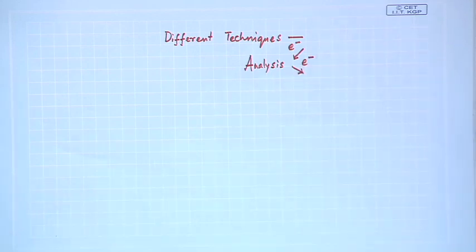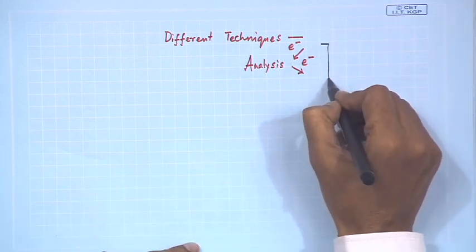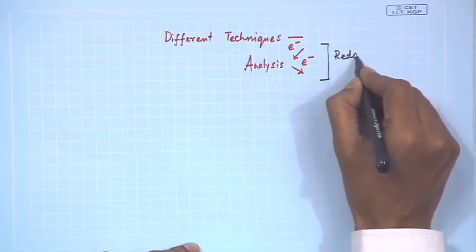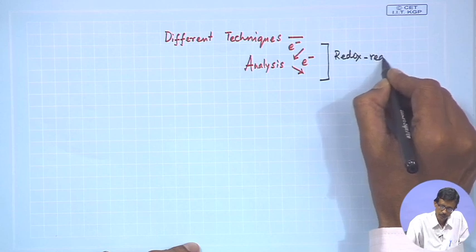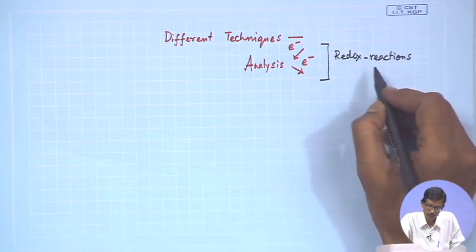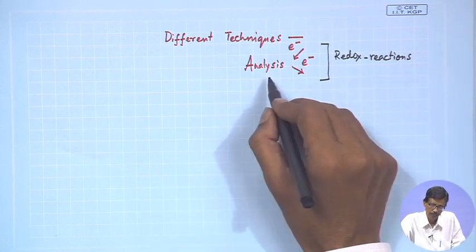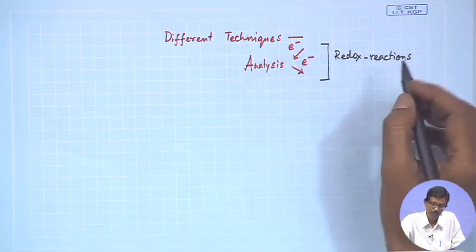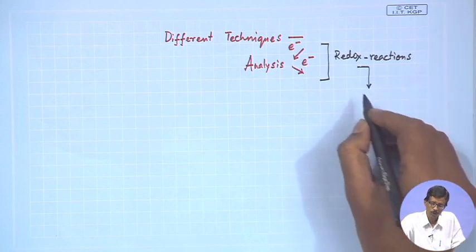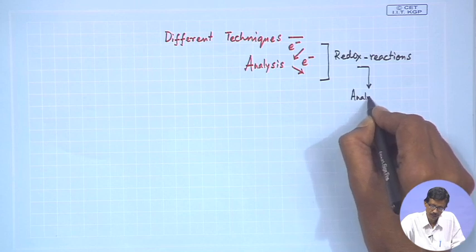That means we are basically looking for some very interesting and very important reactions, the different redox reactions, because these understandings are also very important in developing any kind of sensors based on the electron transfer reactions. So, these redox reactions we want to monitor in terms of the corresponding analyte concentration.